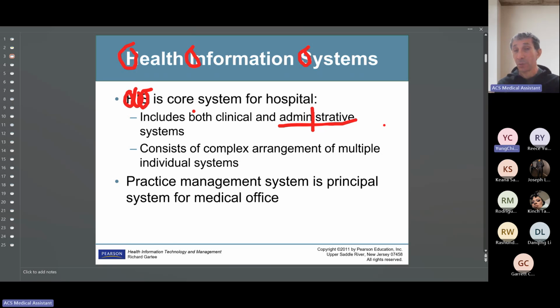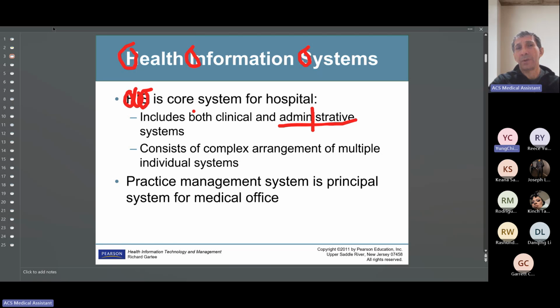But an acronym is when we use the first letter of each word, because there are many words. HIPAA, that's an acronym. OSHA, it's an acronym. CDC, it's an acronym. WHO, the World Health Organization, that is an acronym.